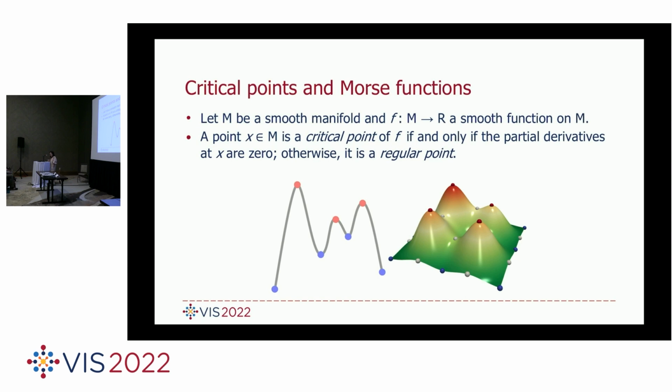So at the core of describing critical points, we need to start talking about Morse functions. Let's first assume M is a smooth manifold. If you have never seen the word manifold, it really means that locally, if you're standing on a manifold of k dimension, it looks like R to the k, where k is the dimension of the manifold.